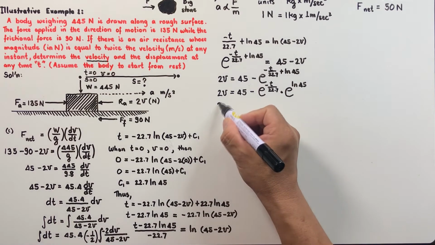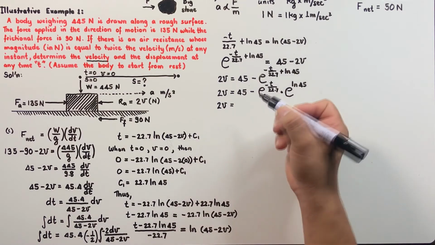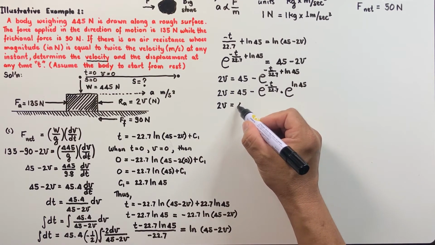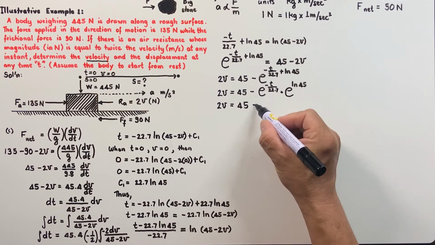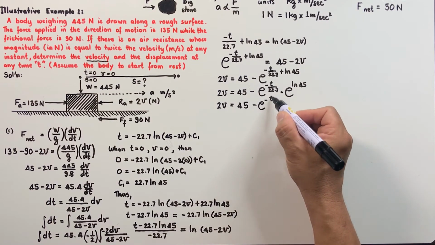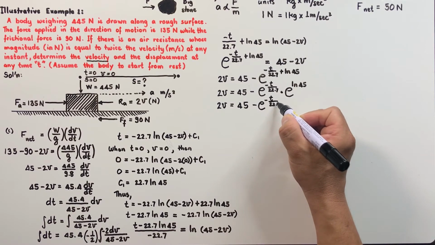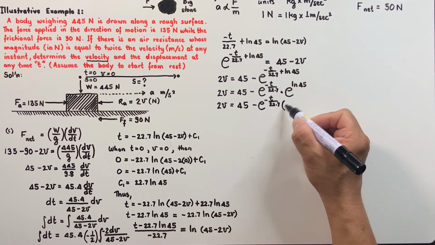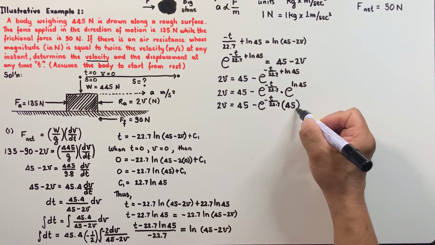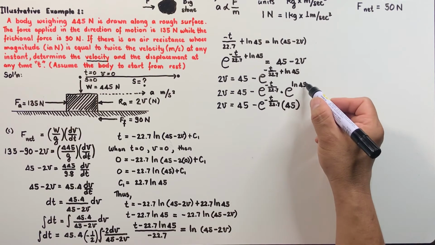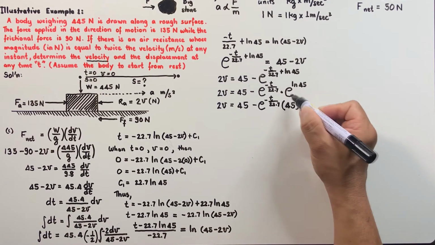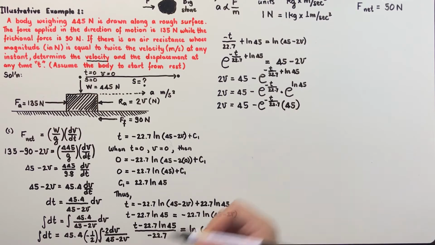But applying the properties of logarithms and exponents, we have e to the power negative t over 22.7 times 45 because e to the power, the natural log of 45 is just equal to 45 since we cancel this one here.